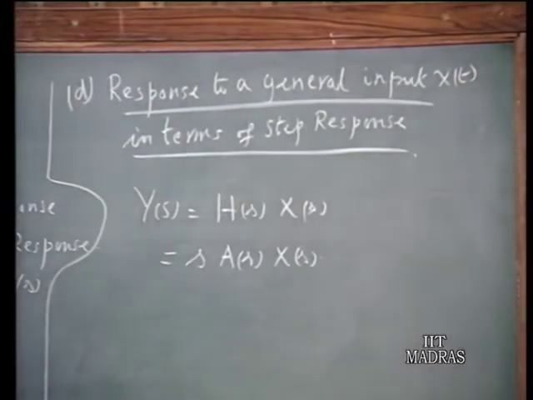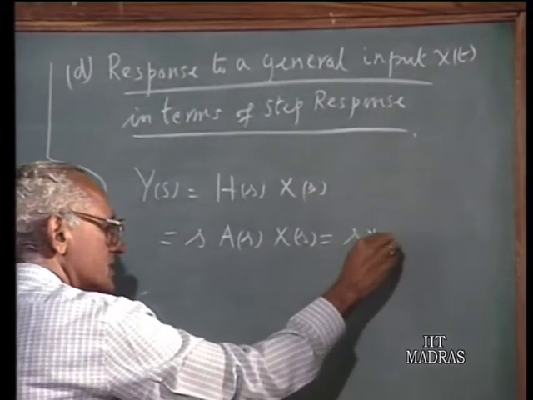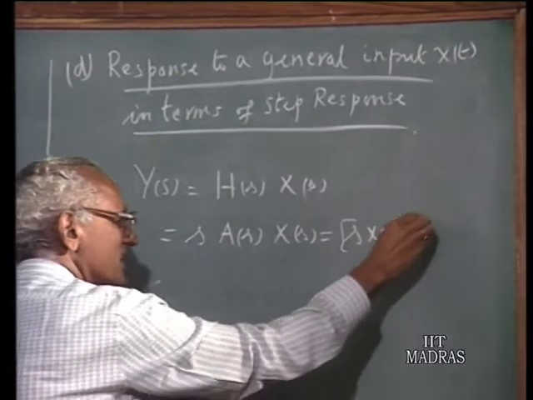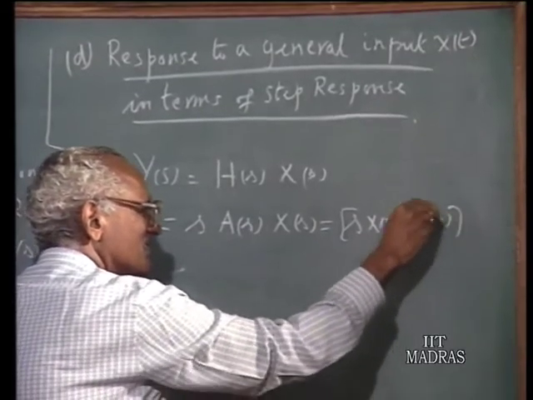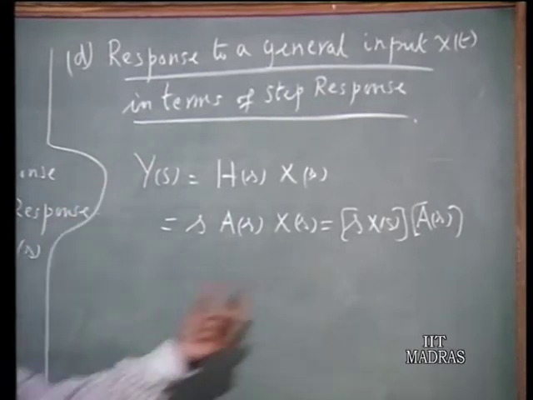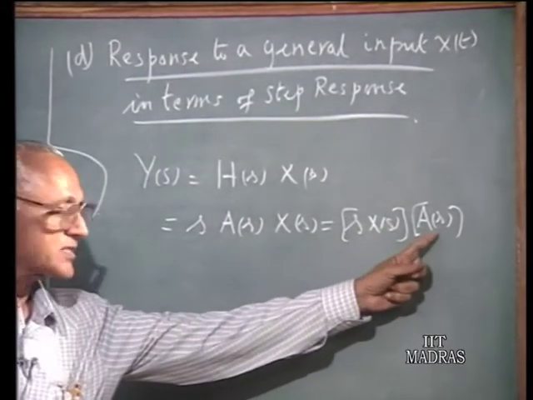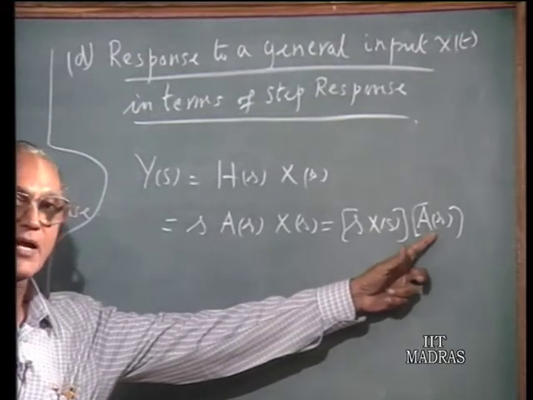I can write this as s times X of s times A of s. Now, Y of s therefore is the product of two Laplace transforms, s times X of s and A of s. The time function corresponding to this is the step response a of t.